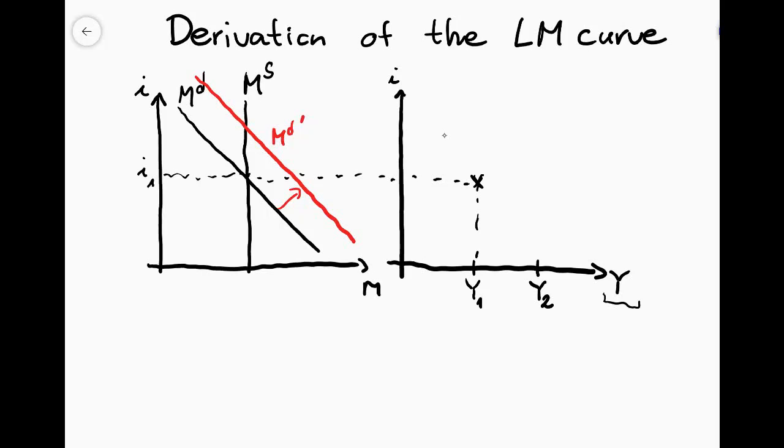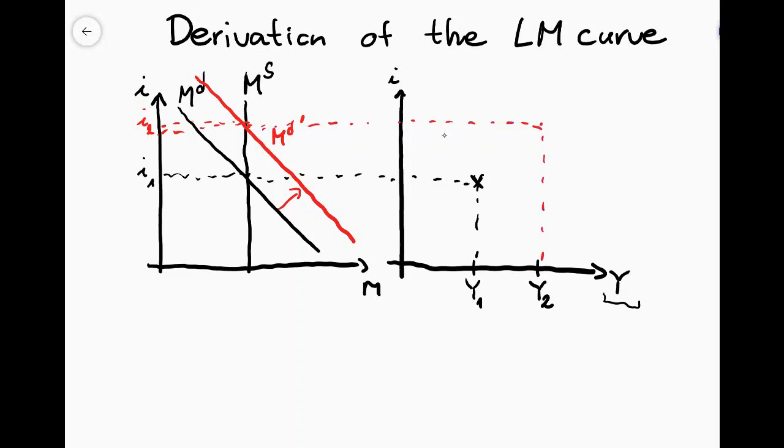Now, as you can see here, because there was no change in the money supply, the money market can only be in equilibrium if we have a higher interest rate. And that's going to then give us a second point along the LM curve.